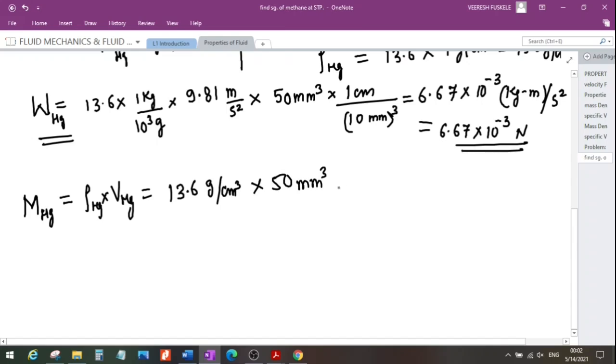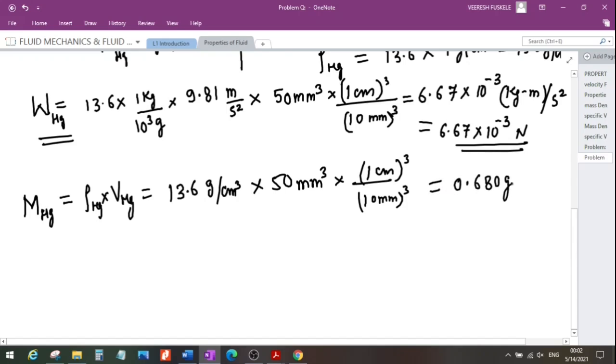This will be converted as this, right? Here also it will be this. So this will give you the mass of mercury as 0.680 grams, right?